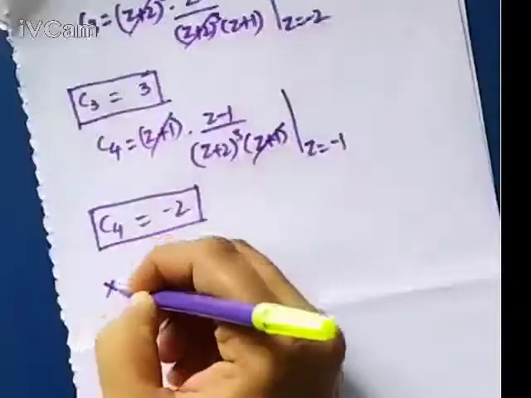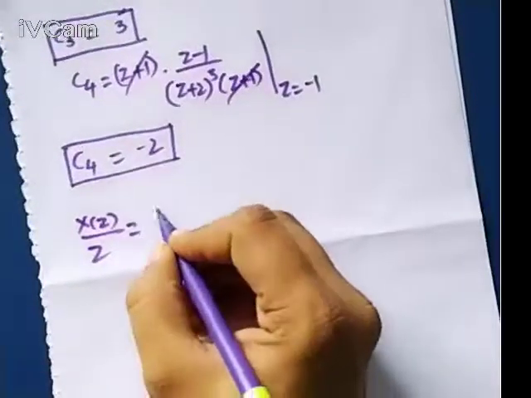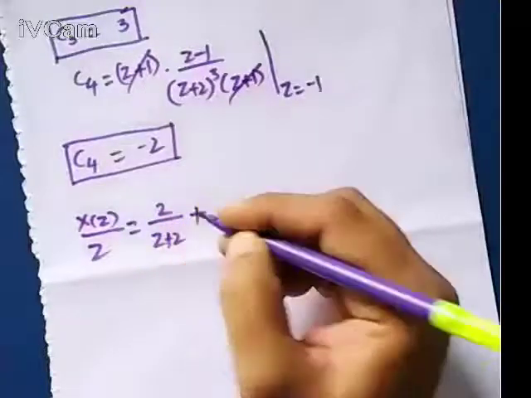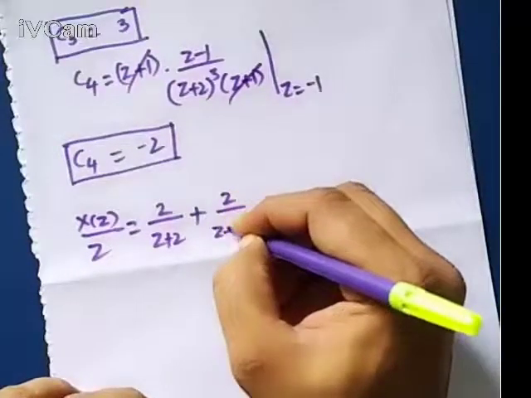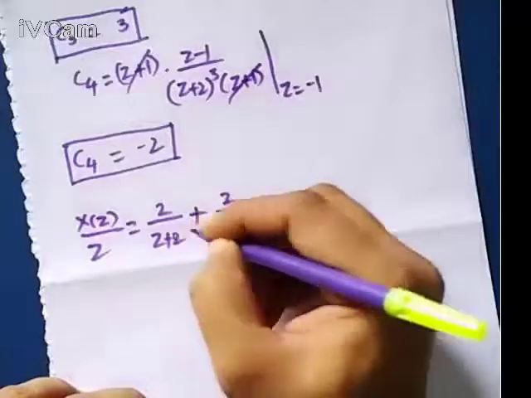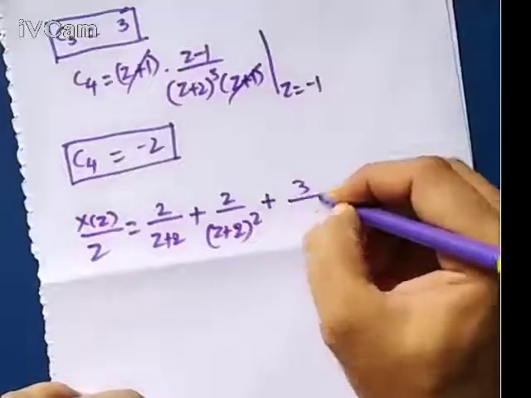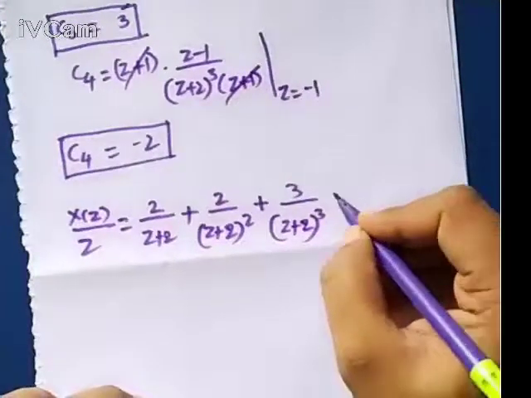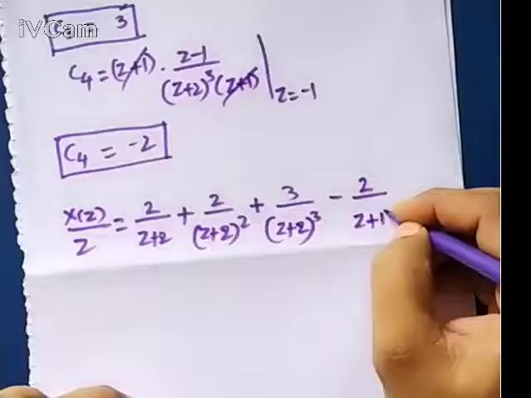Okay, so that will be x of z upon z, which is equal to C1 is 2, so 2 upon z plus 2 plus C2 is also 2, so it will become 2 upon z plus 2 square, and C3 is plus 3, so it will be 3 upon z plus 2 whole cube, and C4 is minus 2, that's why it is minus 2 upon z plus 1.